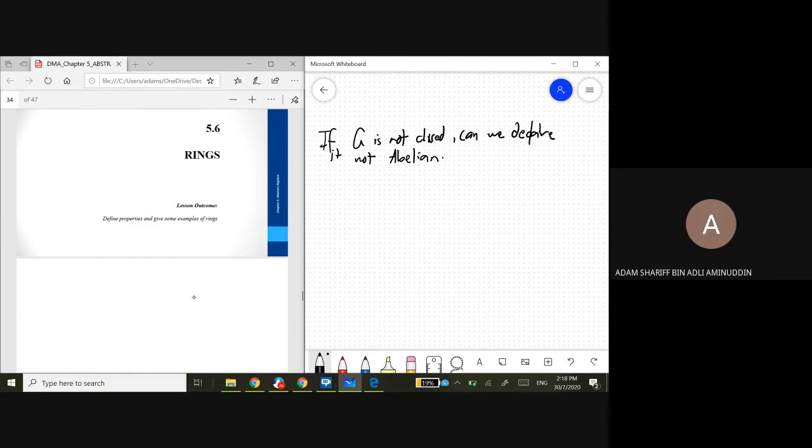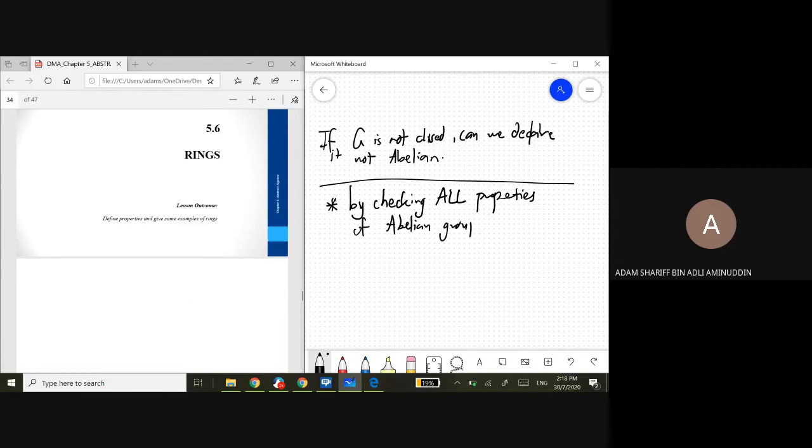That's why in my question, I always add this statement, by checking all properties of abelian group. But if you have this disclaimer, this sentence, it states that if you found it is not closed, you still need to check for the second properties.